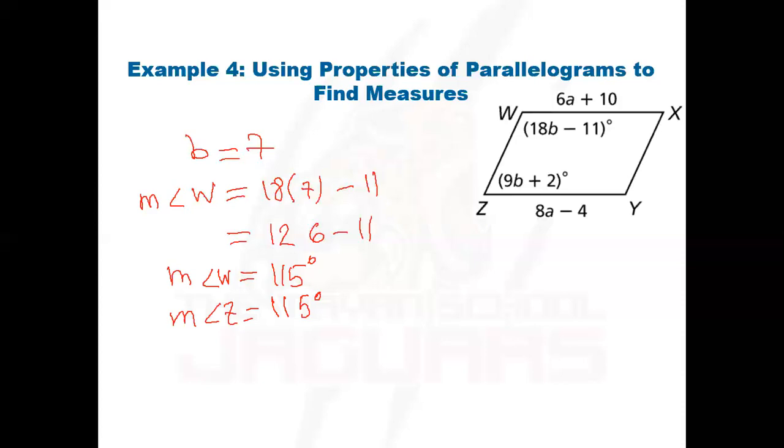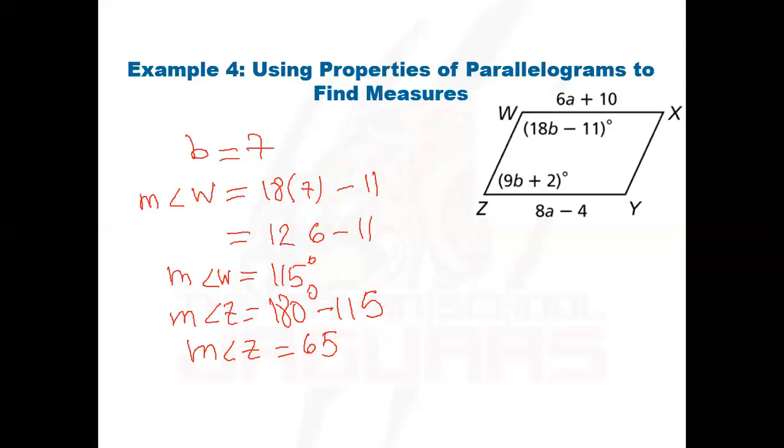So the measure of the angle C, sorry about that, guys, just let me correct that. The measure of the angle C would be equal to 180 degrees minus the measure of the angle W that we just found. So it's 180 minus 115, which is 65 degrees. The measure of the angle C would be 65 degrees.